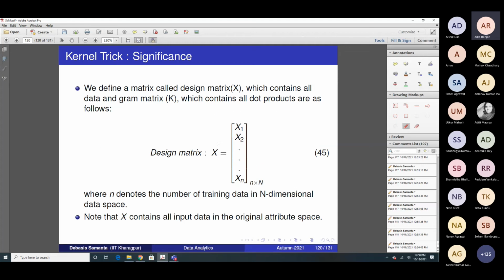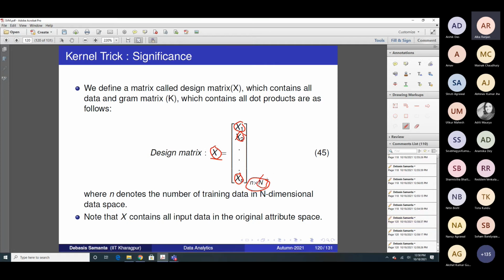So this is suppose your input data. X is your training data set, and the training data set consists of X1, X2, up to Xn. This is the data which you can store in a matrix of n cross N, where small n is the training data size and capital N is the total number of attributes by which your data is defined.